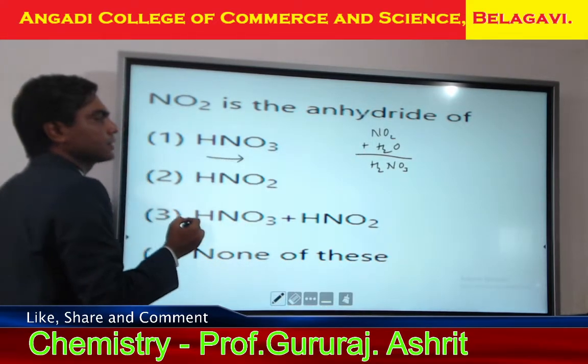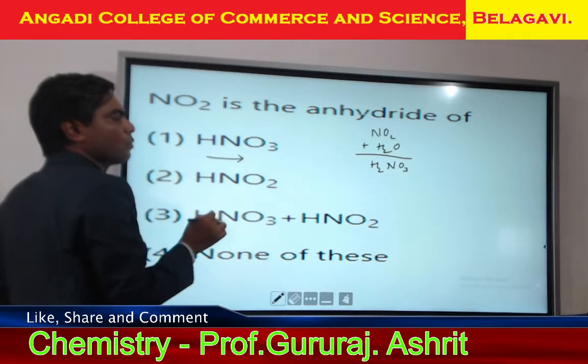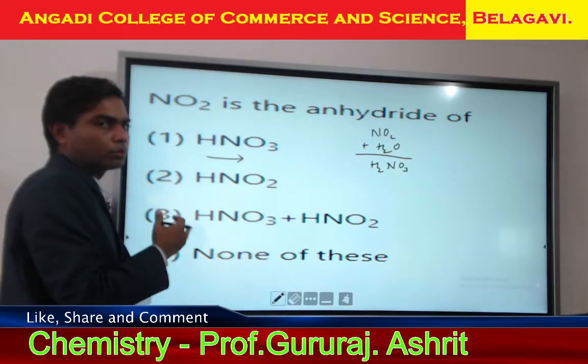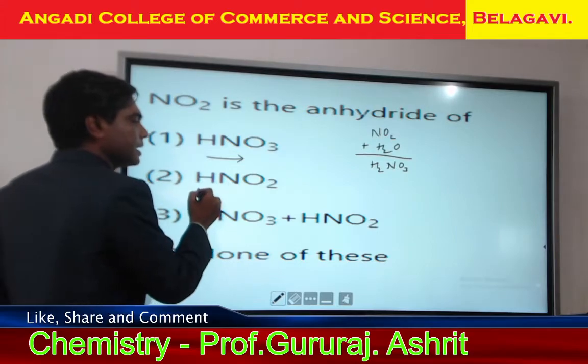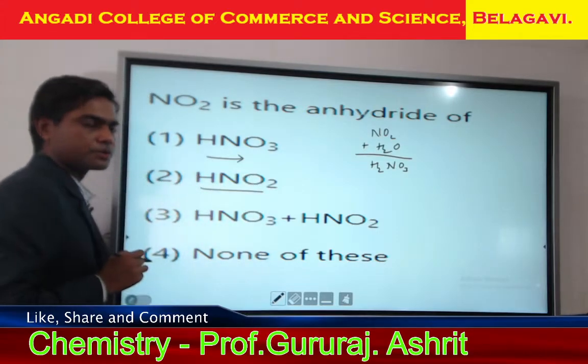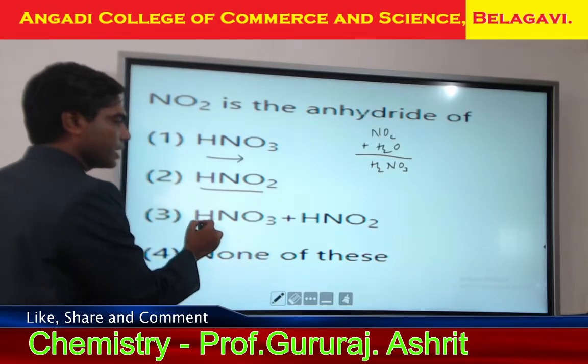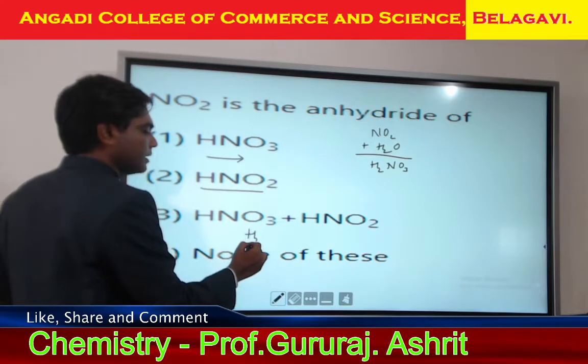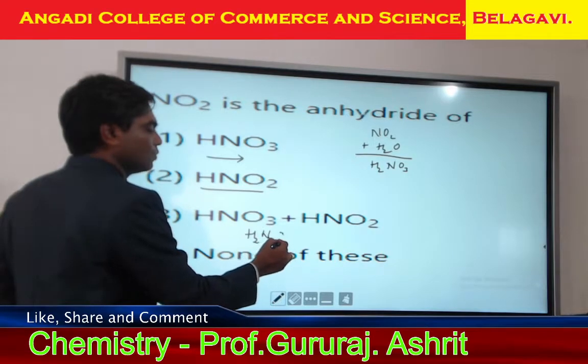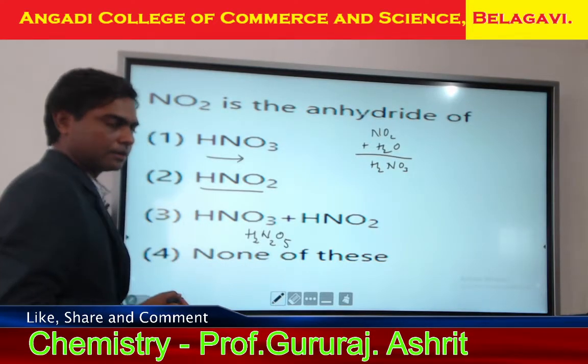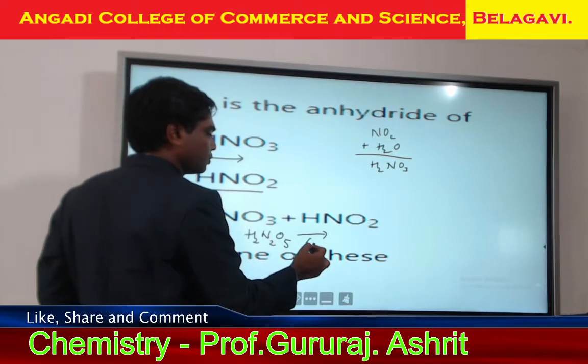If I heat, I will not get the water if I use a single mole. This option is wrong. HNO2, here also same. And this one they have given, none of this is there. When I combine this and this, I will get H2N2O5. Just a mixture. Heat it. You should remove water.